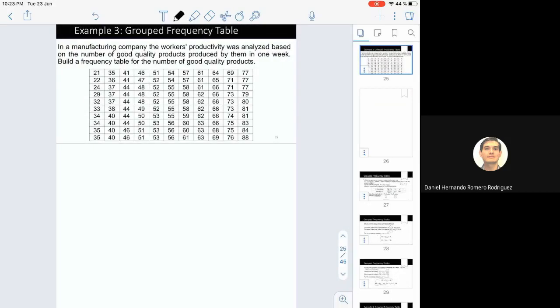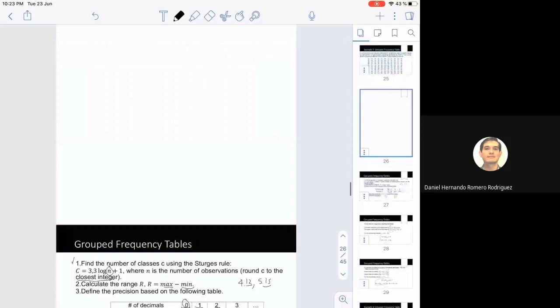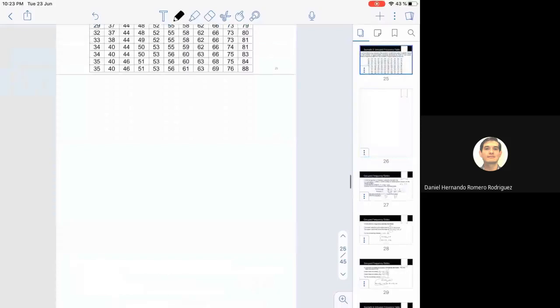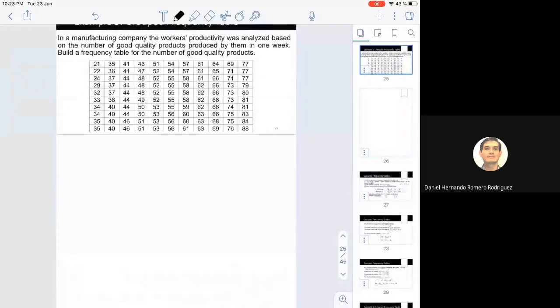So step number 1, we're going to compute the number of classes, C. For that purpose, we use the Sturges rule. So remember, it's 3.3 log n, where n is the number of observations in the original data. In total, there are 110 observations. And to that, we add 1.